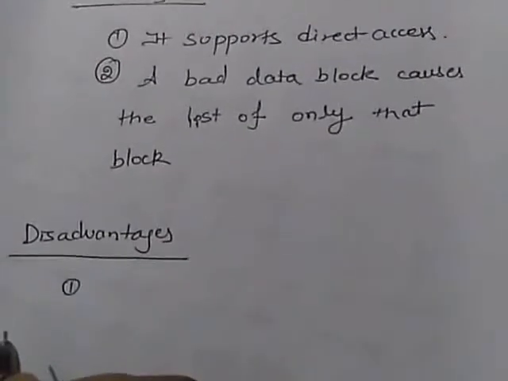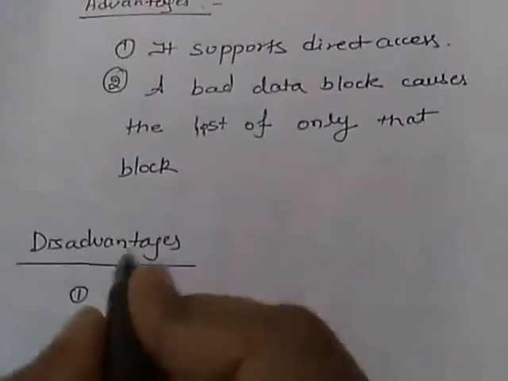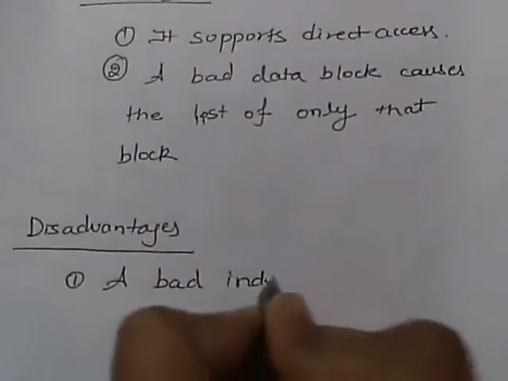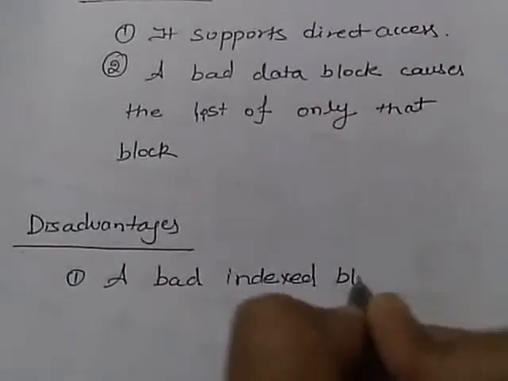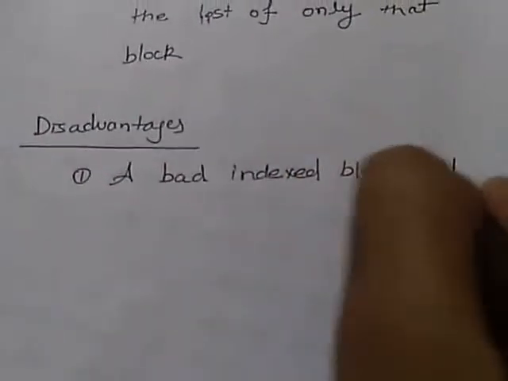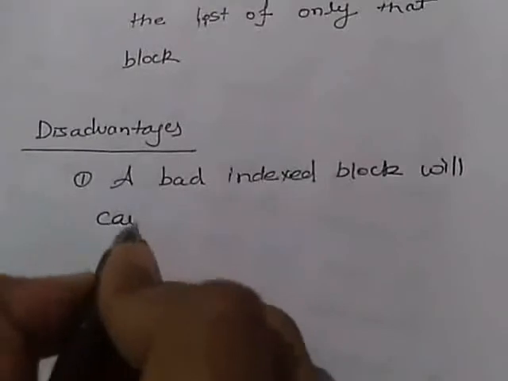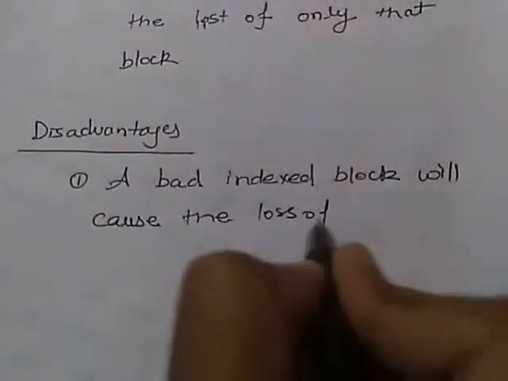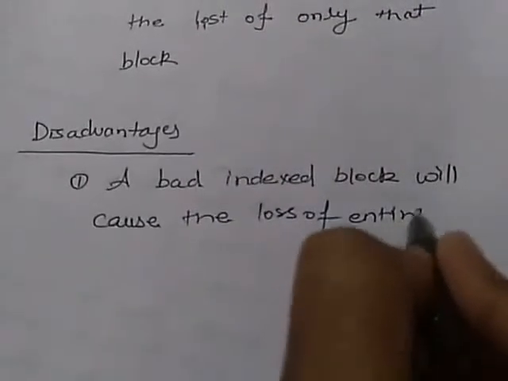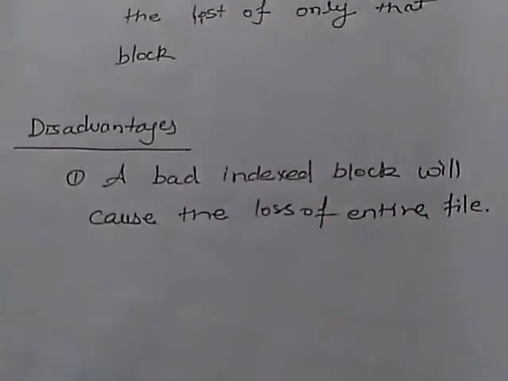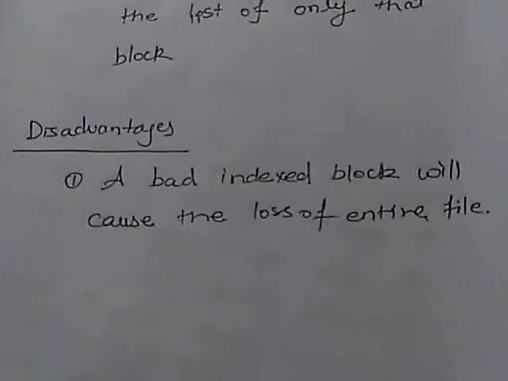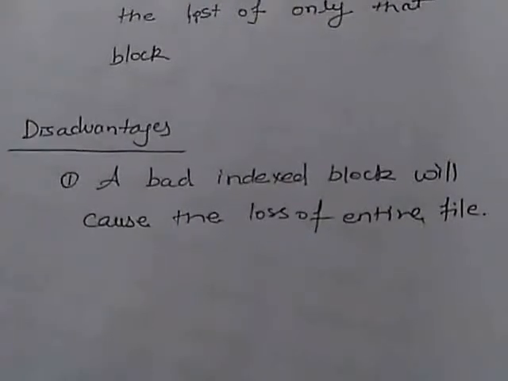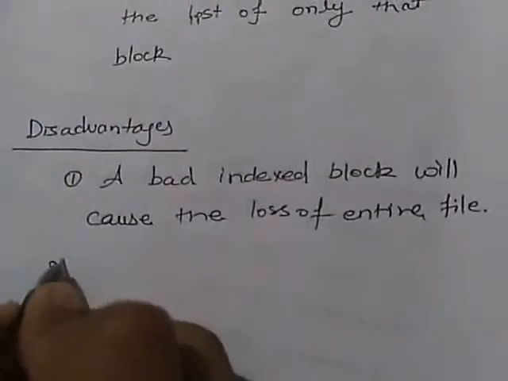Now disadvantages: point number 1, in this a bad block or a bad indexed block will cause the loss of the entire file. It means the whole file will be deleted and we will not get any information about the lost file.